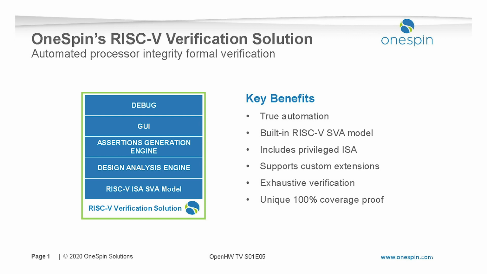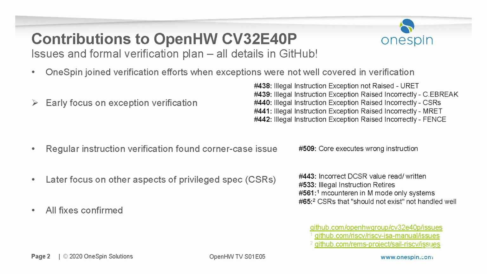Let's focus on what we have actually done in this particular project. We joined when verification was already pretty well established for the normal instructions. The pain point at that time was actually the exceptions. So we had an initial focus on exceptions, resulting in a couple of bug reports and code fixes.